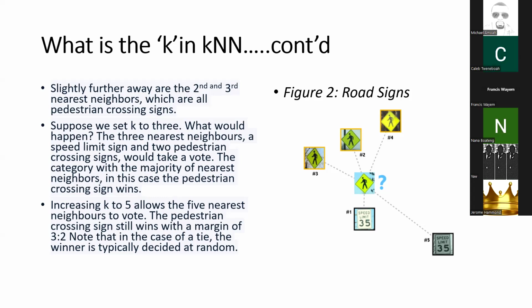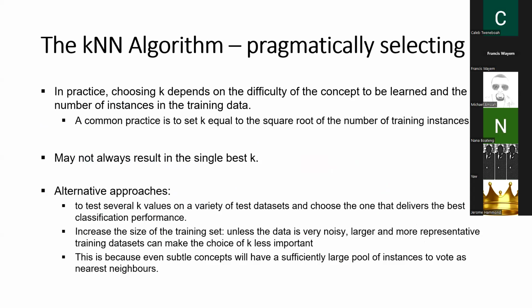Okay, thank you. Okay, Michael, yes. Nana, I wanted to find out, does the K get selected at random or does it have a sequence that it selects from? Yeah, so that's what I just explained. In selecting the K, there's no particular way of selecting it.